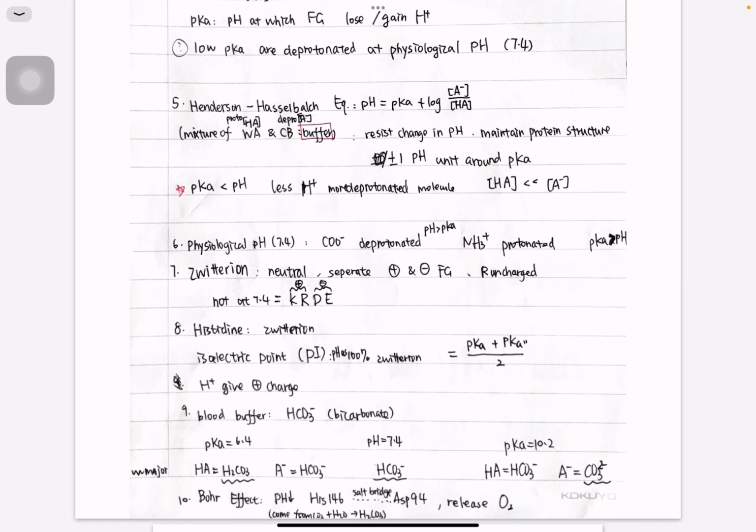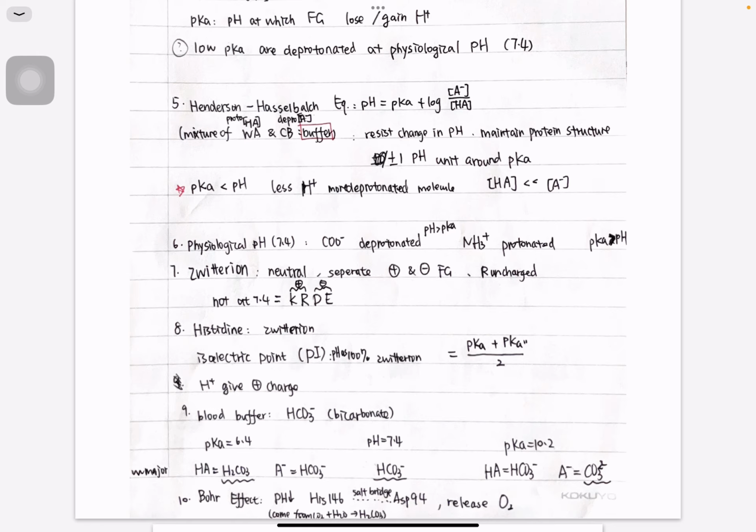And at the physiological pH, the carboxylic acids are deprotonated because we know the pKa of the carboxylic acid is really low, so 7.4 is above the pKa of the carboxylic acid, so they want to deprotonate, they want to lose their proton.